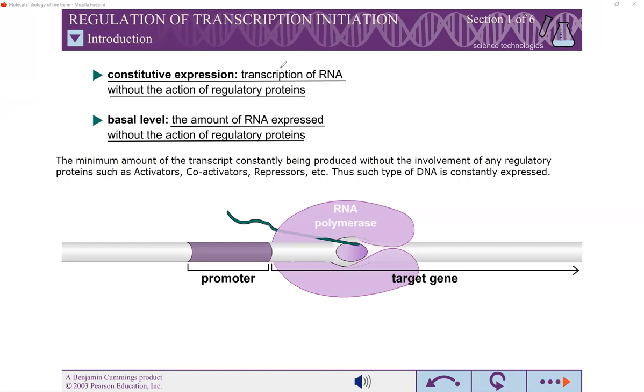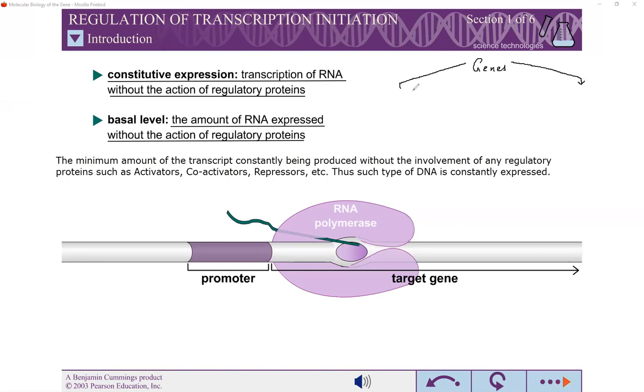The first type could be housekeeping genes and another could be luxury genes. So we can classify the genes into the following types: housekeeping genes and luxury genes.